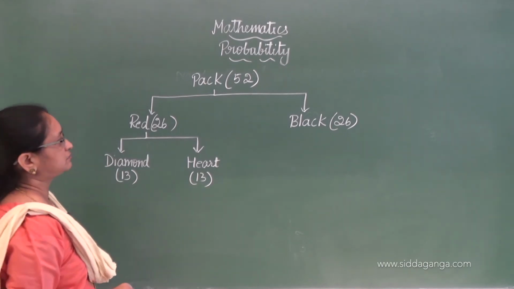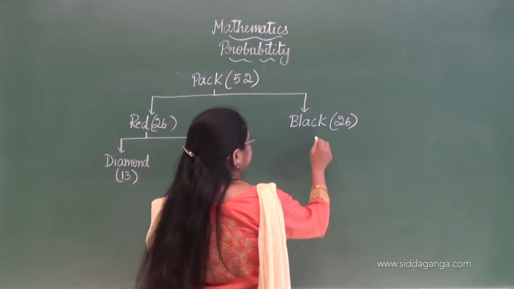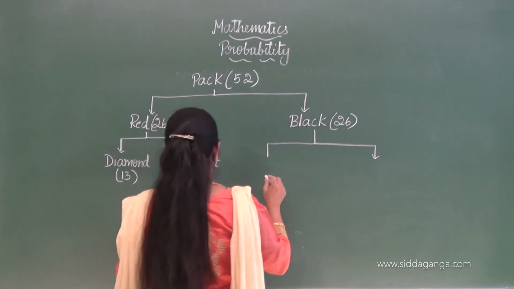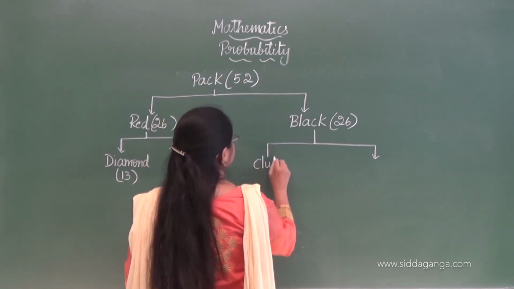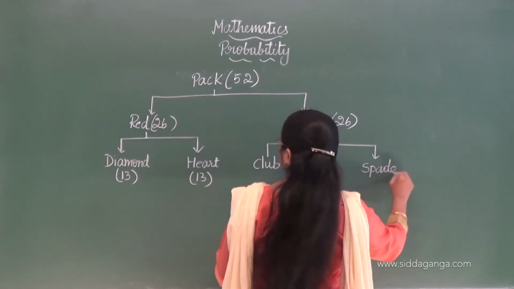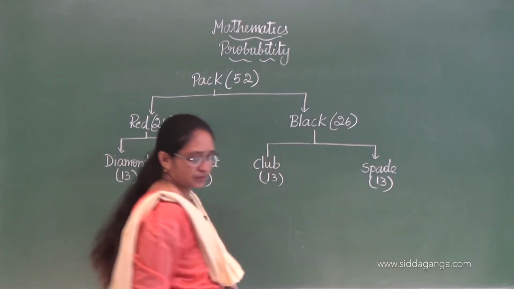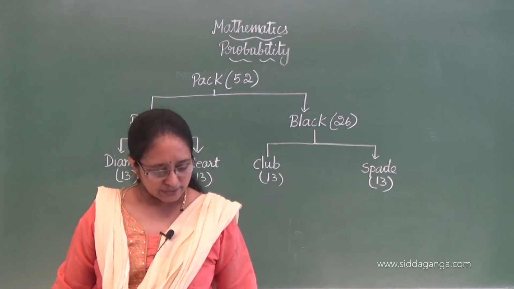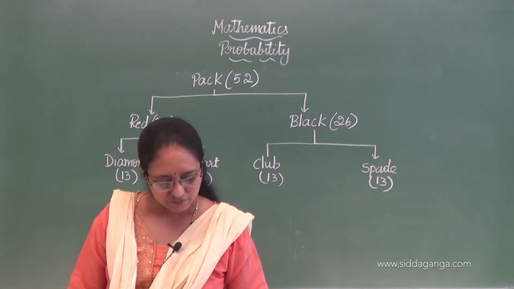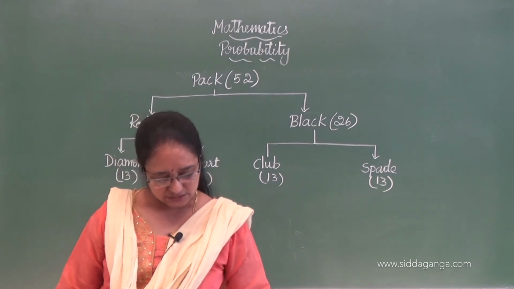And black also has club and spade. Again here 13 cards, 13 cards. You can also refer to your textbook, it is on page number 301, but I have made it a flow chart so that it will be easy for you.